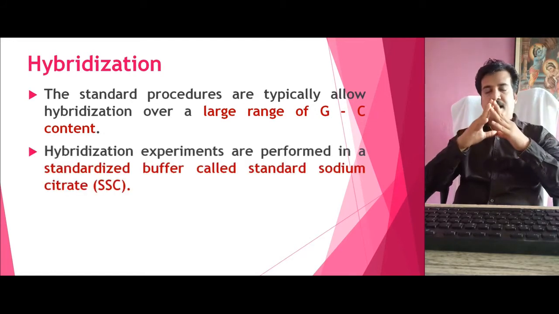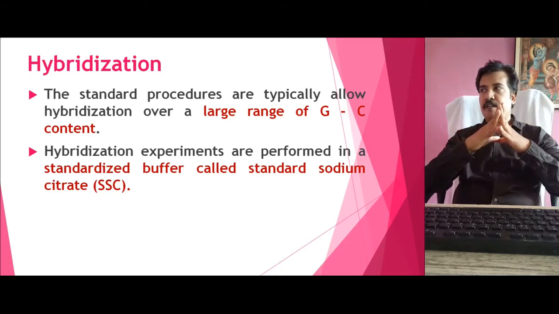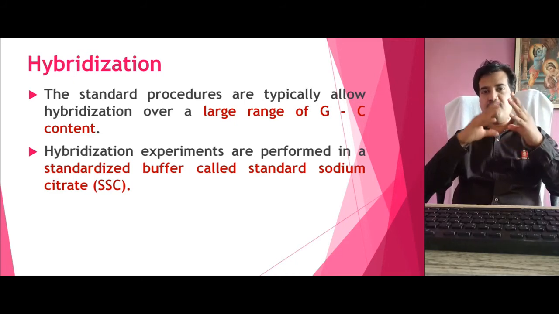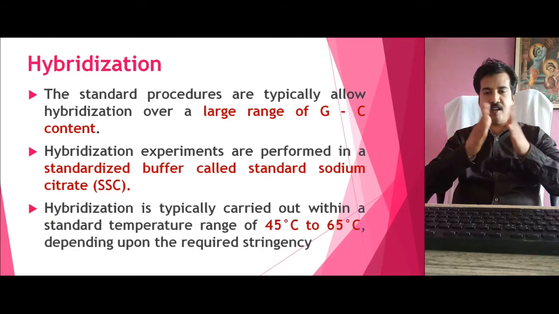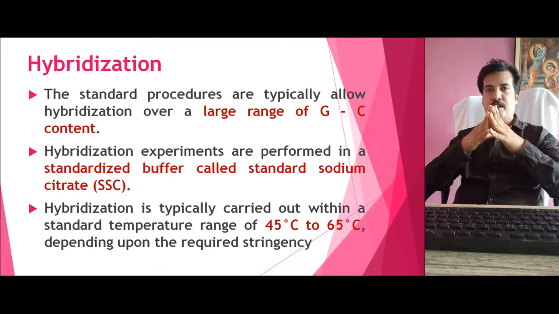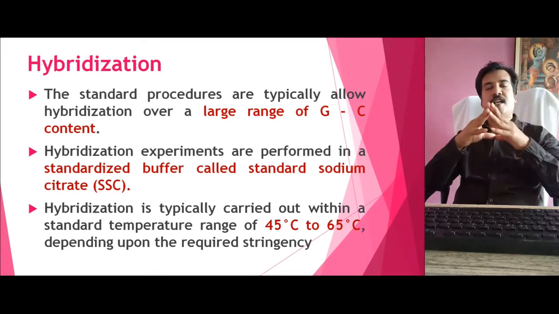Second, the hybridization is done in the presence of a standardized buffer called standard sodium citrate buffer, which helps in maintaining the ionic strength needed for hybridization, and the hybridization is generally done at an appropriate temperature.